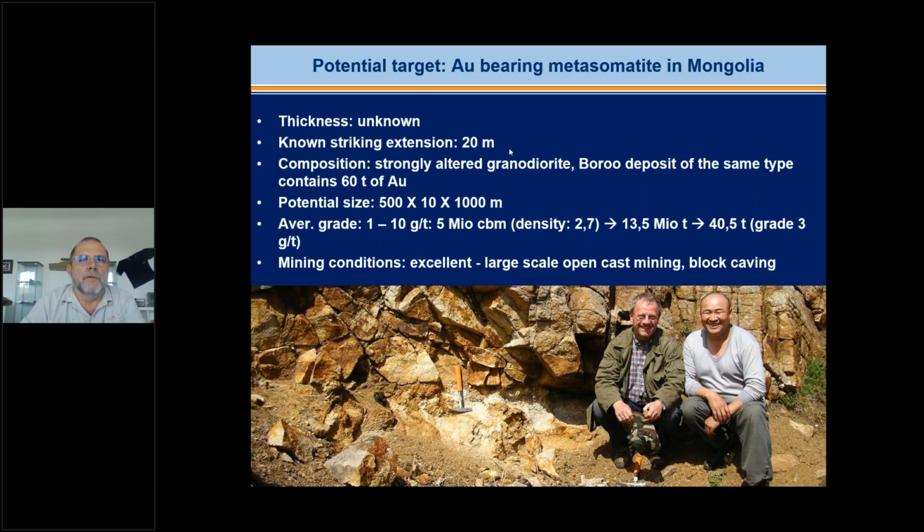The known striking extension is 20 meters as observed at the surface, but it could be huge. So the potential is exceptional. Assuming an average grade between 1 and 10 grams per ton, we may have here tons of gold in this potential ore body. The mining conditions would be excellent by a larger scale open pit mine.